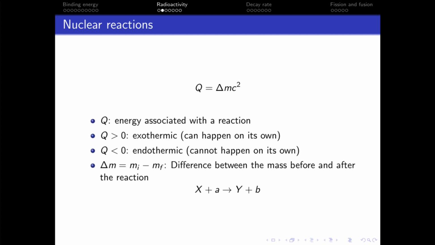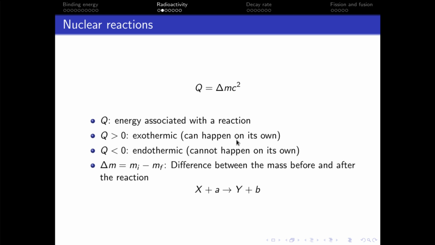And it will also give us an indication of if the reaction can happen on its own without any external intervention. Our criteria will be if we need to give energy to the system for the reaction to be possible, it won't be able to happen on its own. We need something to give it energy, so it won't happen spontaneously.